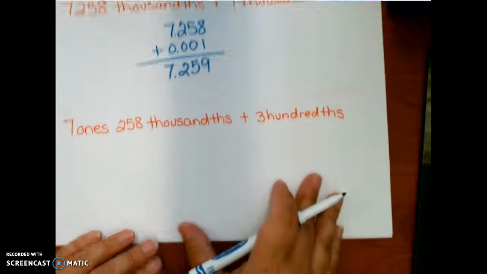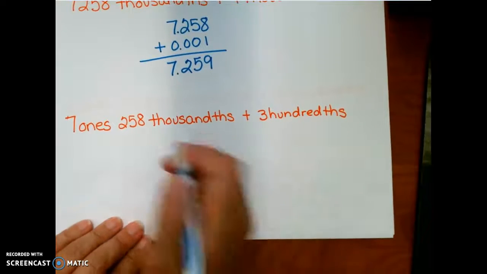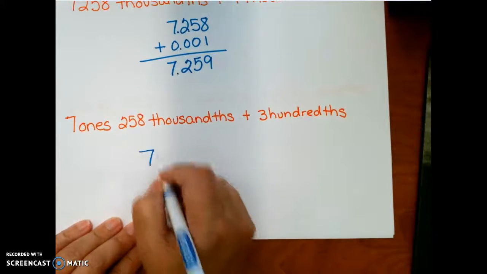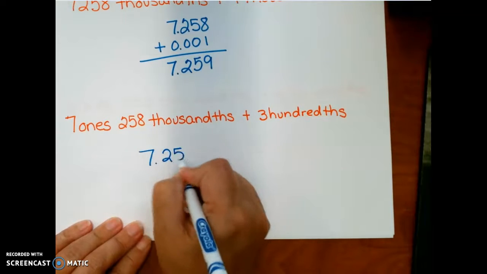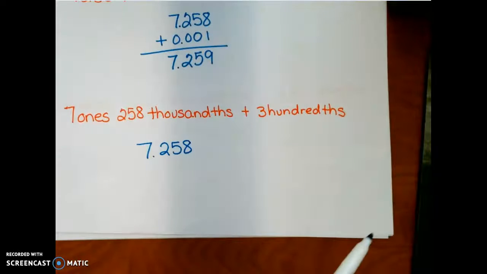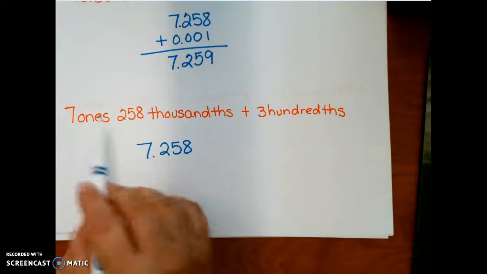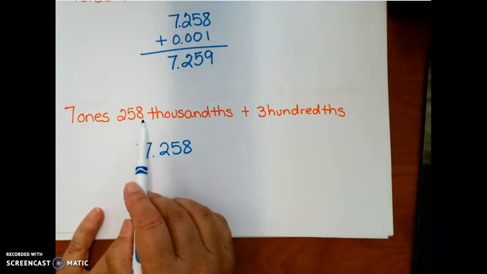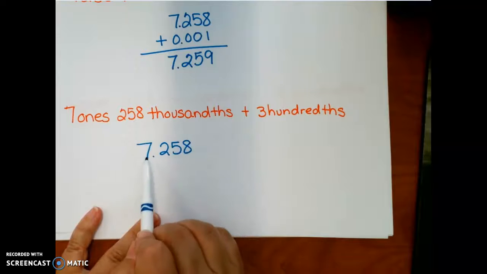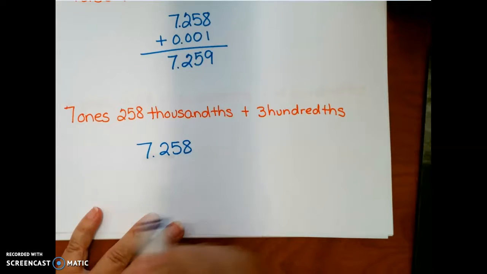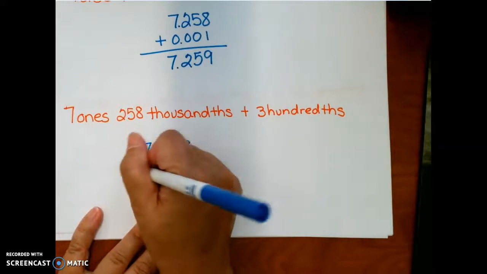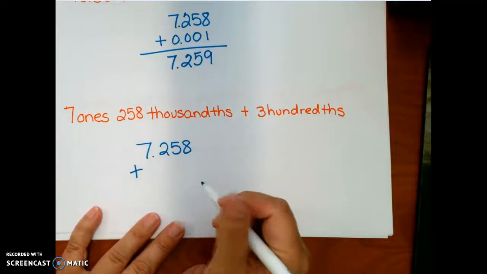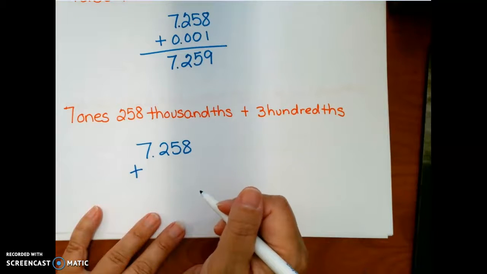Okay, let's look at this one. I have 7 ones, 258 thousandths, so as I was saying, 7 ones, 258 thousandths equals 7 and 258 thousandths. Now I have 3 hundredths that I'm going to add to this. So, do I have any ones in 3 hundredths?